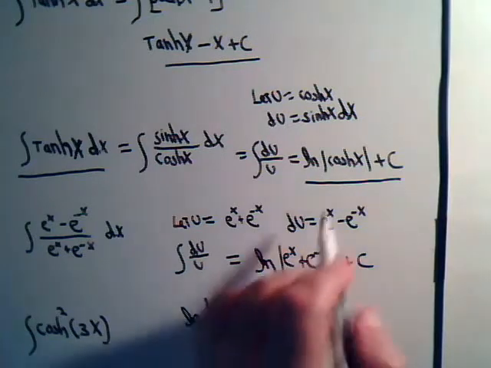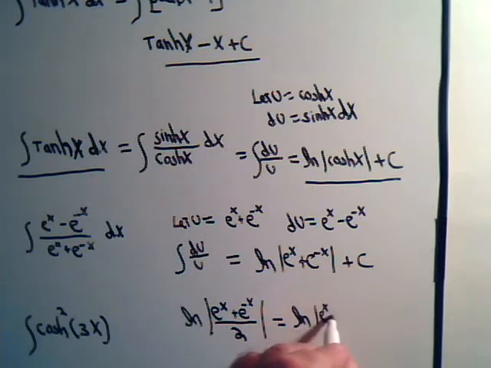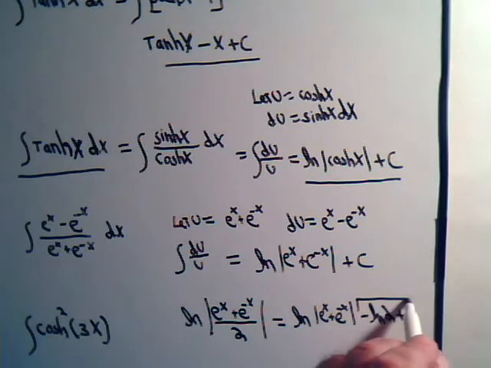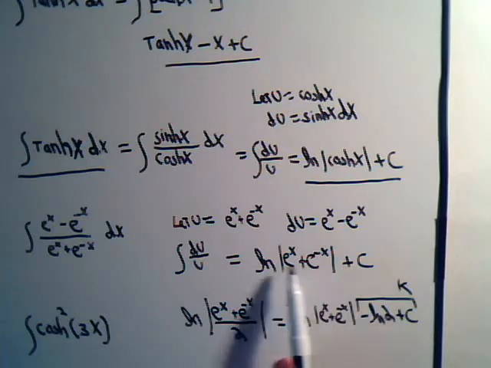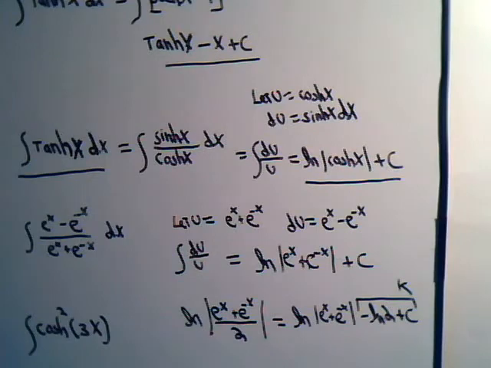That's what this is, and this equals the natural log of e to the x plus e to the minus x minus the natural log of 2. But here we have an arbitrary constant, and we can put these together into a different arbitrary constant. So these two expressions indeed are equivalent due to the property of natural logarithms and the fact that we have arbitrary constants here.